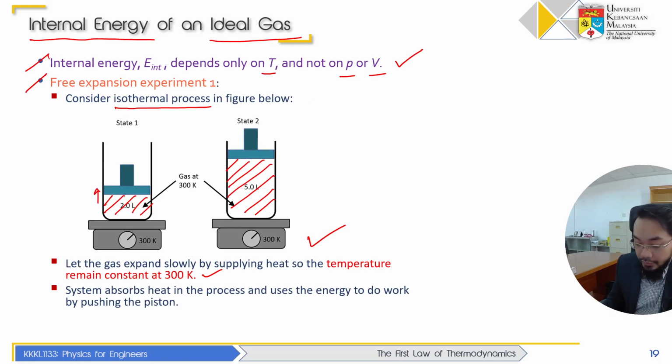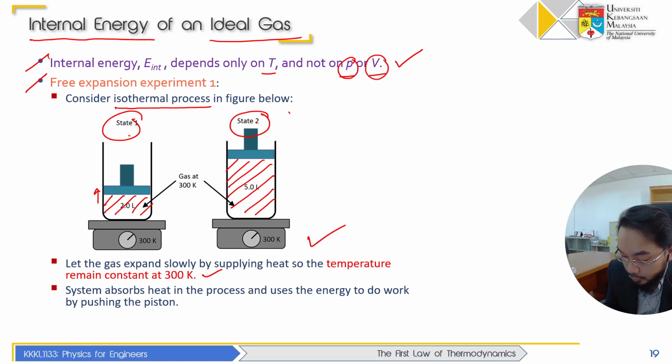Okay, so here we can see that during this process, between state 1 and state 2, what are the things that change? The pressure changes. Okay, let's look at the pressure. The volume is definitely changed. Obviously, it goes from 2 liters to 5 liters. But what about the pressure?